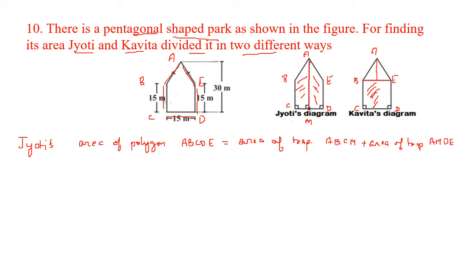That is Jyoti's method. Kavita's method, the area of polygon ABCDE is area of square, the square is BCDE, plus area of triangle ABE.